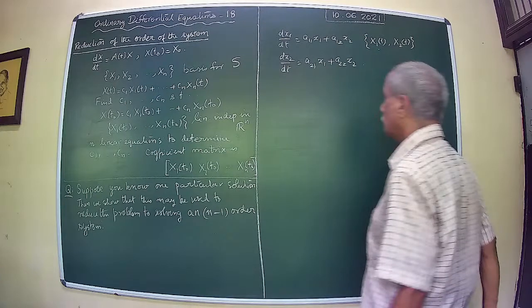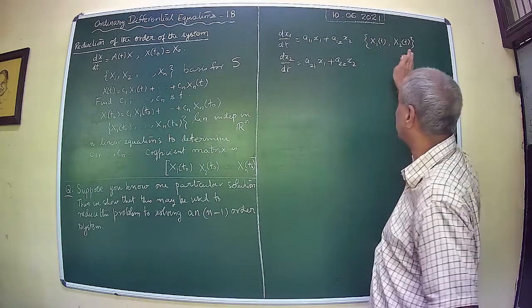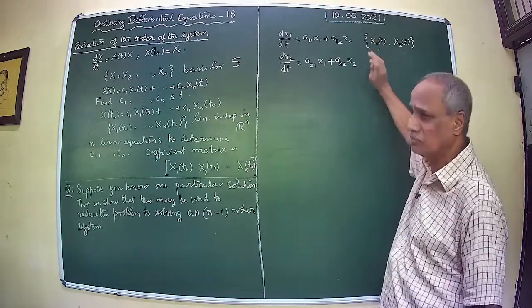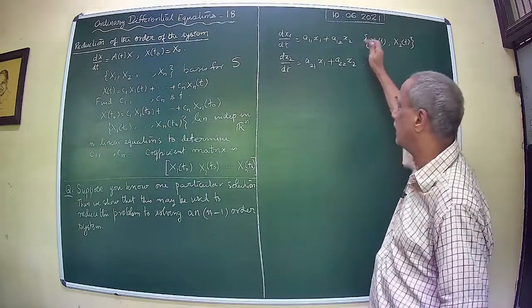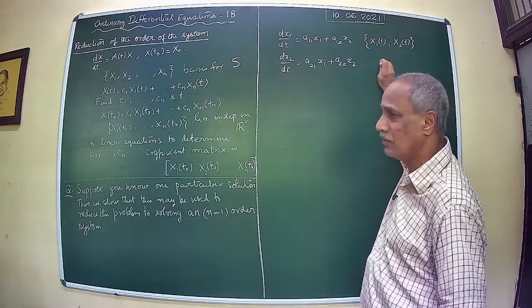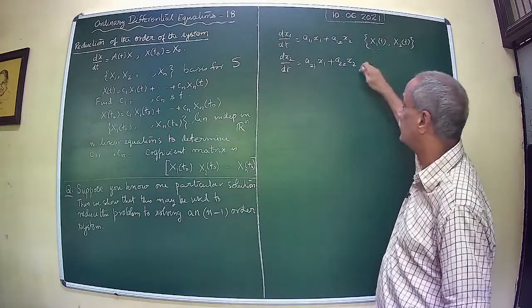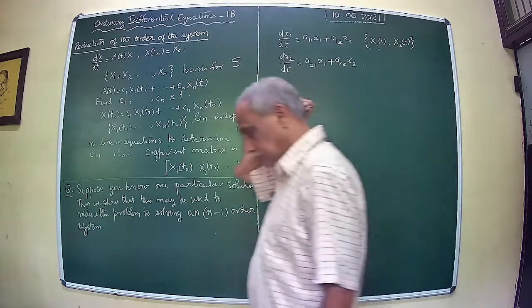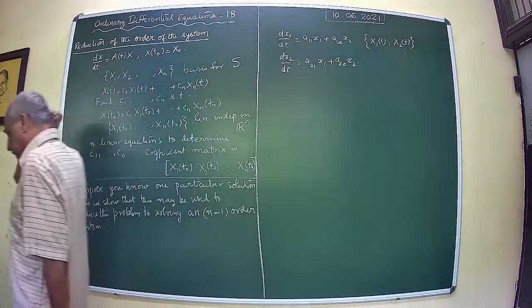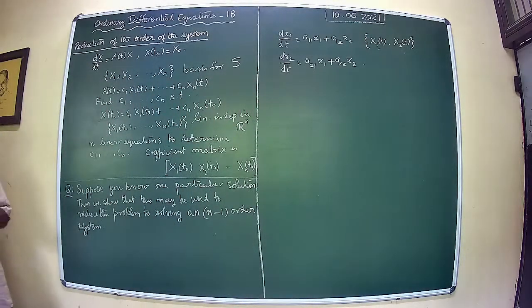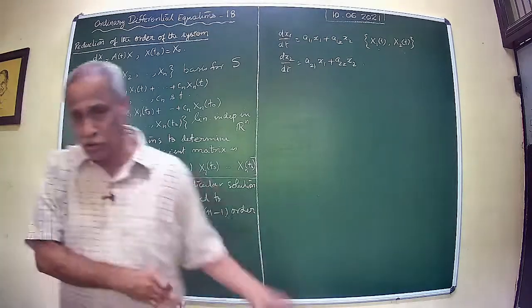Suppose by some method you know one of the solutions, some vector valued function which satisfies this equation, then you can use that to reduce the order of the system.